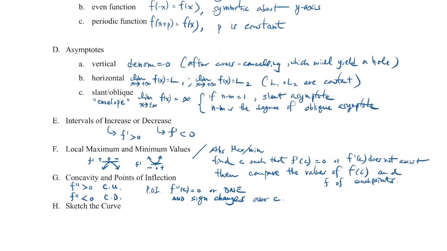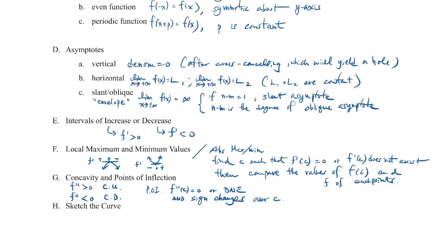And then for the absolute max and min, you find the c such that f prime is equal to 0, or f of c does not exist, and then plug in and compare all the values of f(c), they could be more than 1, right? And the f value of the endpoints, and then you find the largest for the absolute max and the lowest for the absolute min over that particular interval.